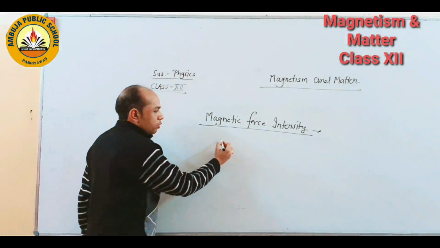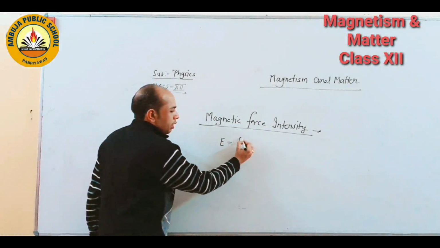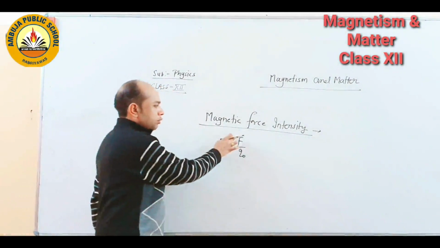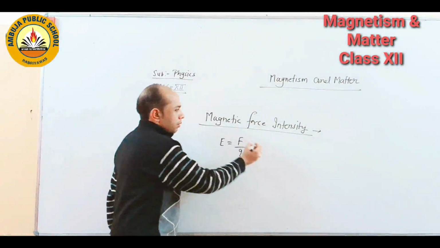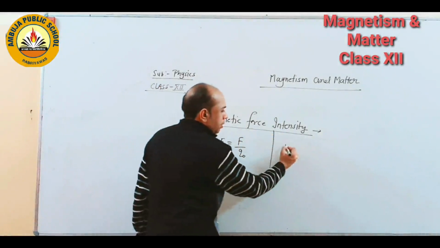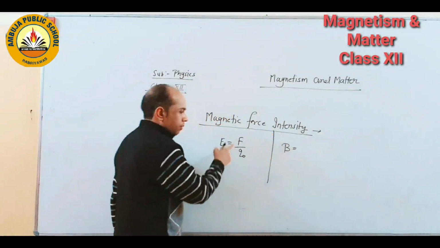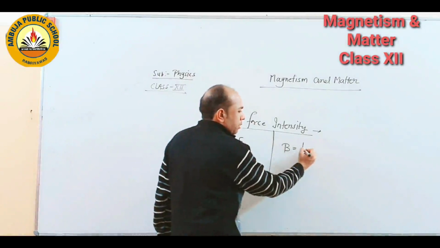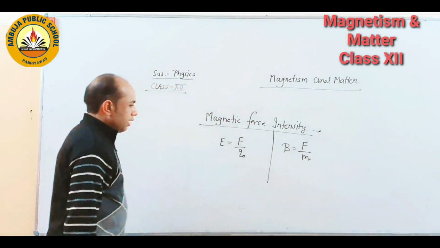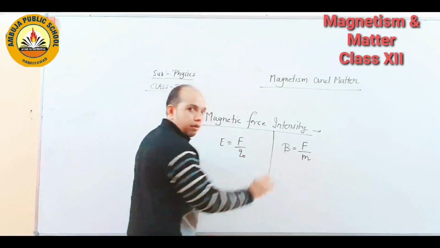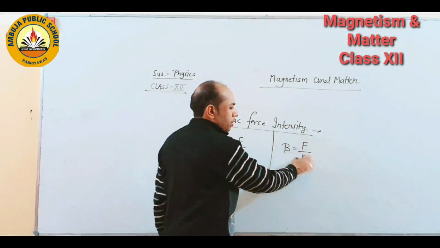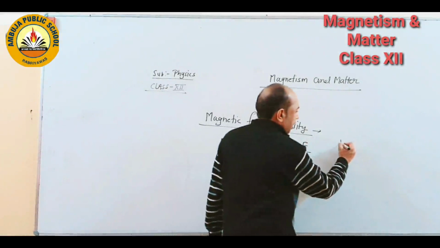In electrostatics we use E is equal to F upon Q naught, that means how much force is experienced by the test charge. In magnetic force intensity, this E is replaced by the symbol B. Again, force upon charge, so this is replaced by force acting per unit pole strength. As I have already told you, Q is replaced by pole strength. That means magnetic force intensity means force acting per unit pole strength for a magnet.